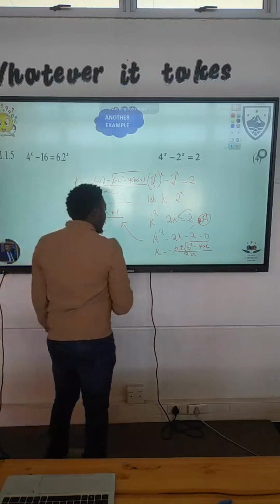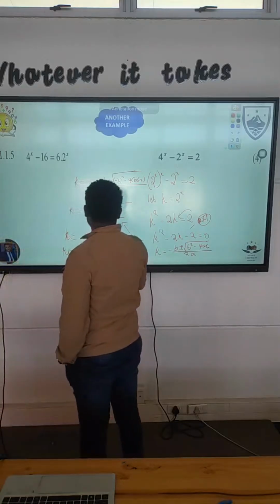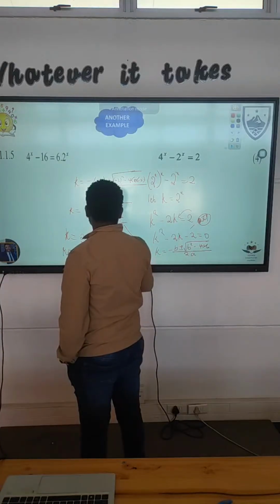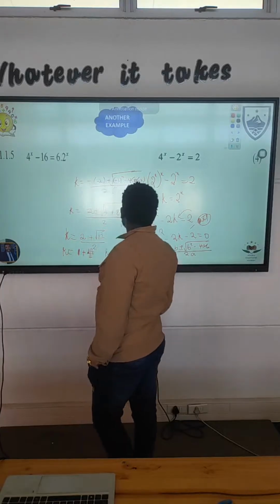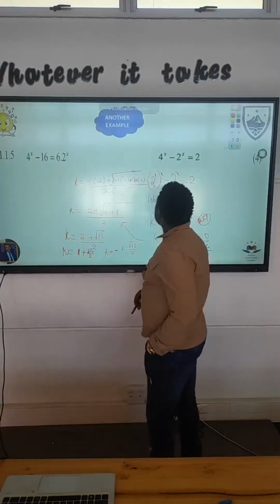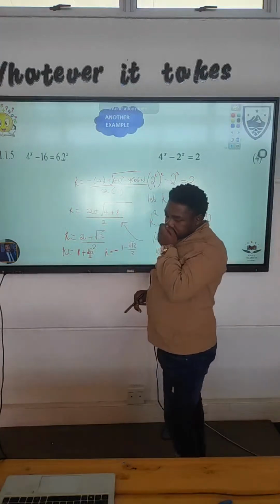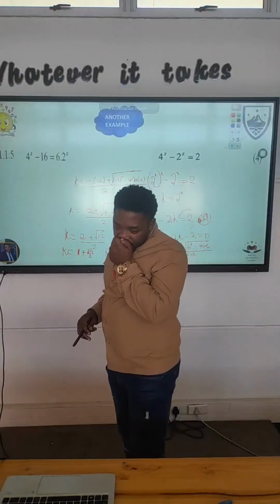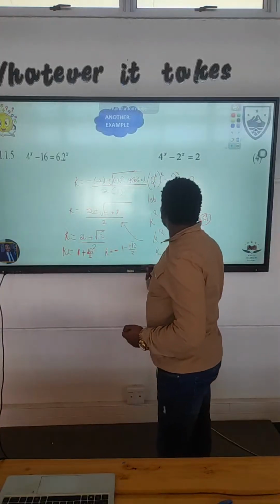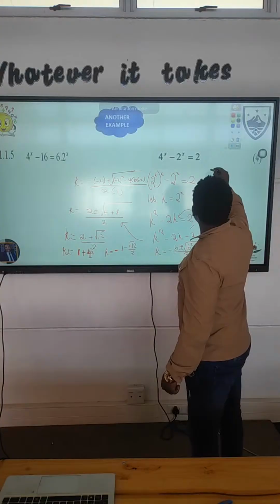So this will be one of our k values, and the other one will be k equals negative 1 minus the square root of 12, over 2. This can be equated to 2 to the power of x. Let's see if we are able to do it. We can put this in a calculator and see how much it gives us.